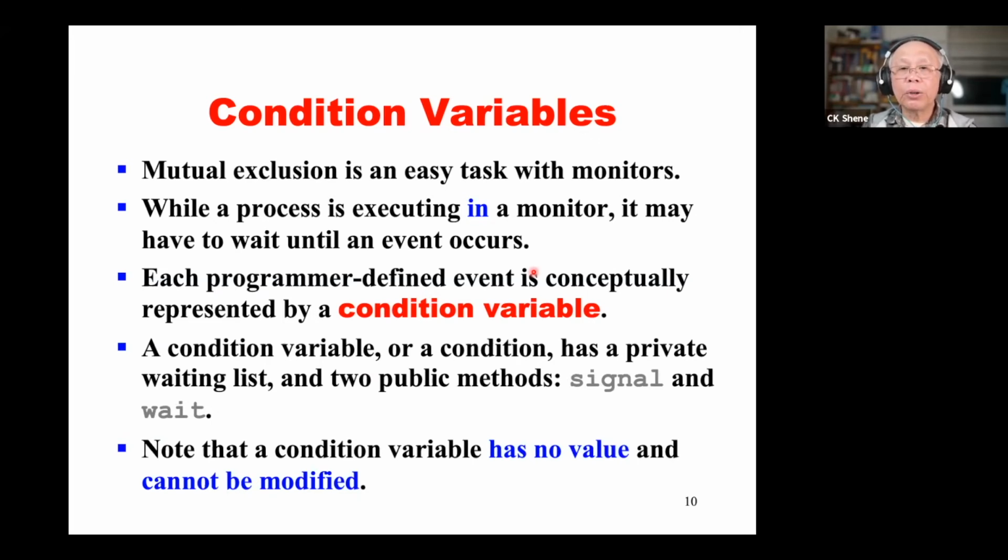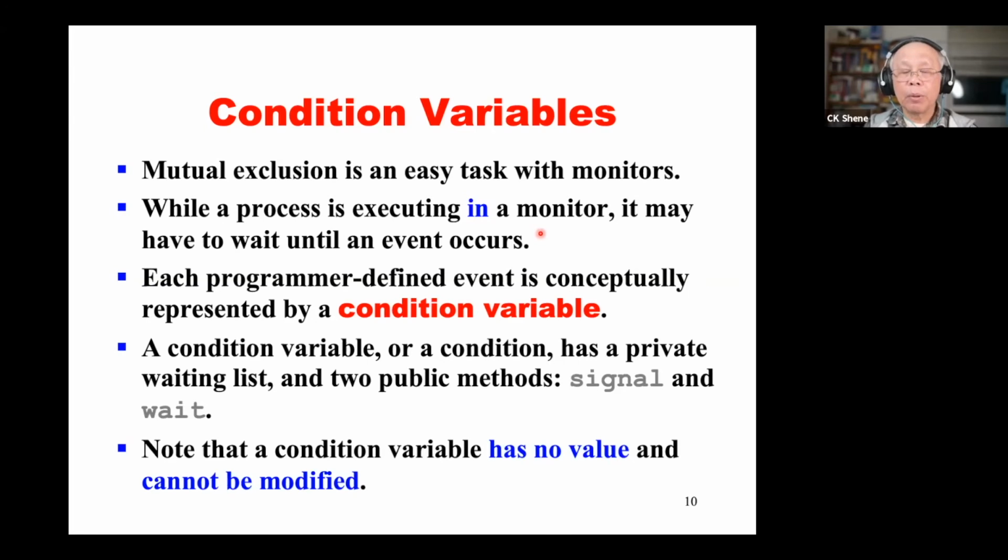Mutual exclusion is very easy with monitors. You don't need to worry about mutex lock. You just call a procedure. If you are successful entering the monitor, then mutual exclusion is guaranteed. So while a process is executing in a monitor, it may have to wait until an event occurs.